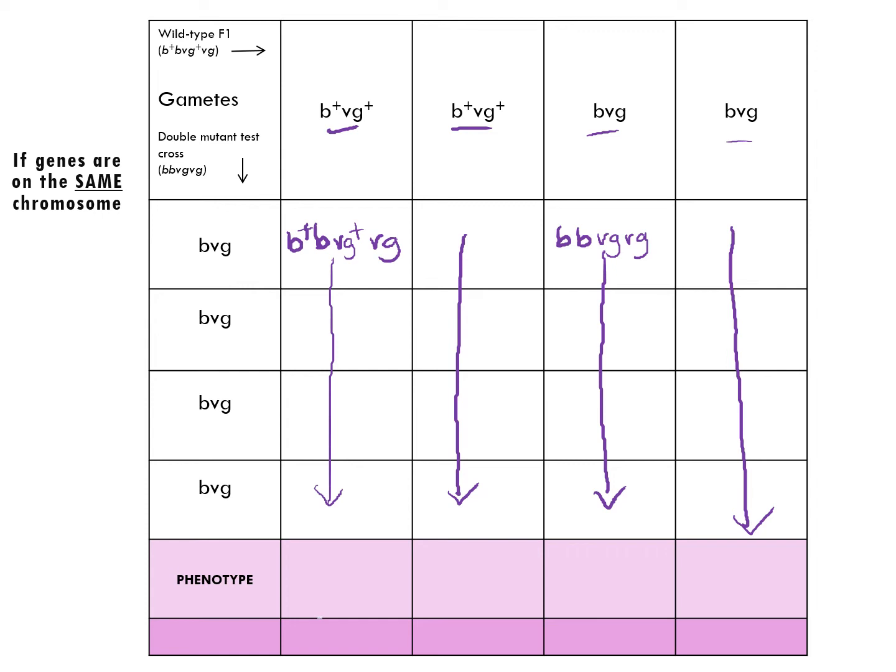So if we were to describe their phenotype in this scenario, we would have gray body, normal wings. Okay, same thing here, gray, normal.